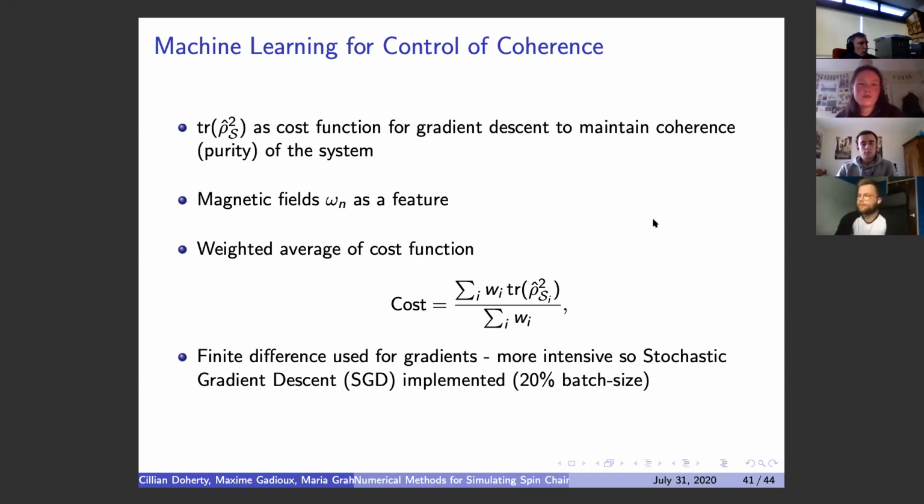So we settled on using this weighted average for the cost function, where these are our weights, which allows for quite a lot of nuance. We just went for an array of values that go from 1 to 2. So the first trace of rho squared, the first measure of the purity in time, is half as valuable as the final measure of purity in time.